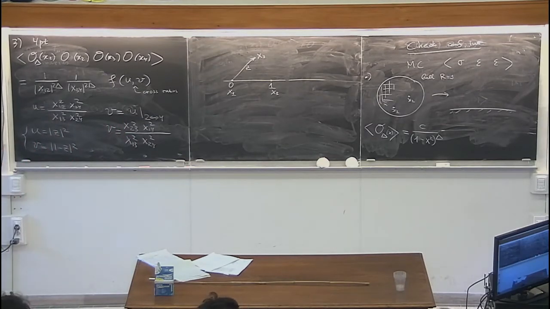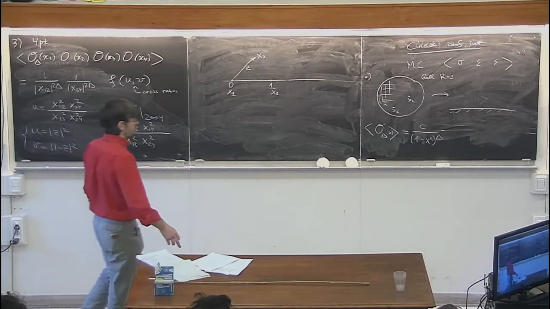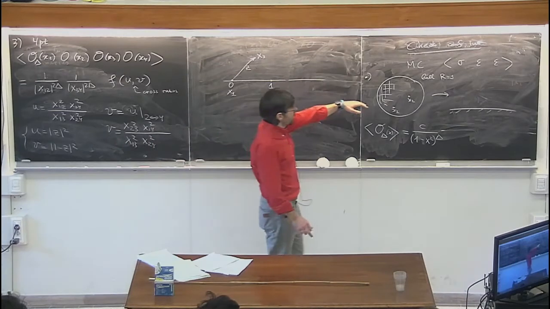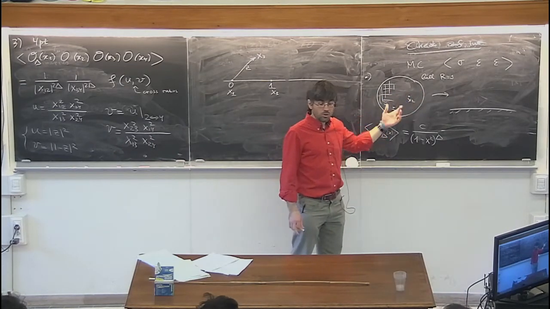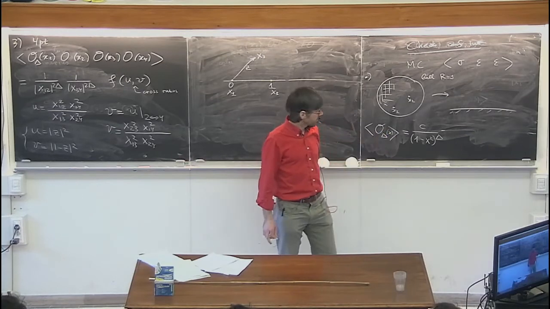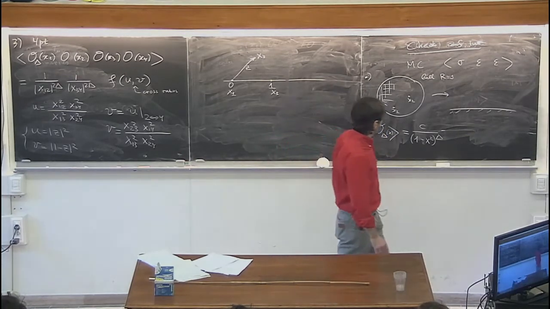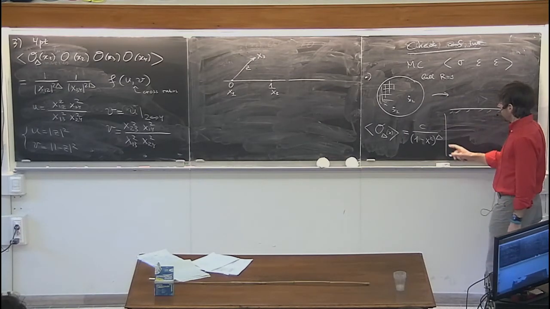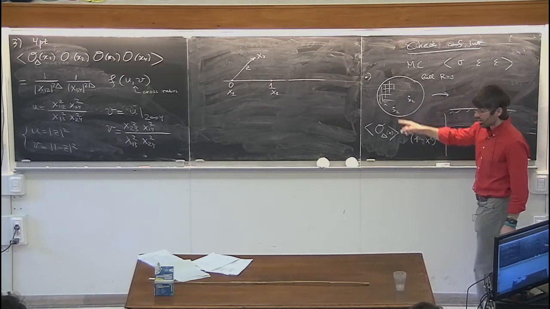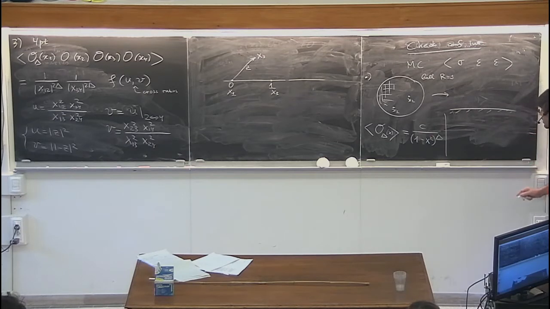And in a conformal theory, since it's scale invariant, there are no mass scales. So it has to be equal to 0. But if you put the theory in a ball, then there is a length scale. There is a mass scale, which is the radius of the ball. So you can get 1-point functions. Conformal invariance predicts that the 1-point function should depend on x in this way.